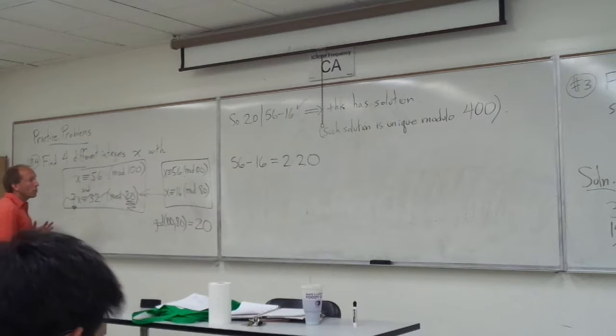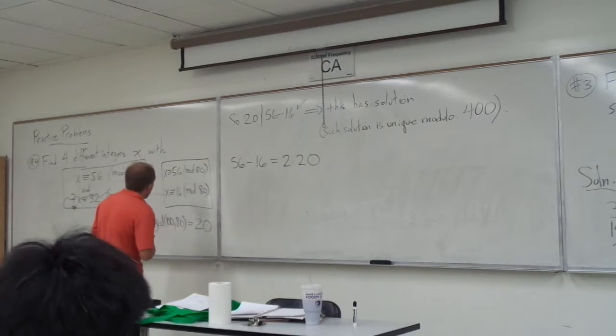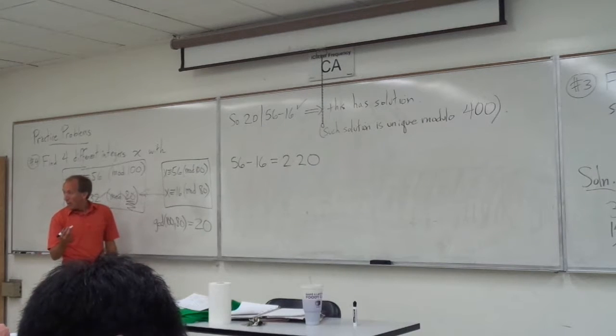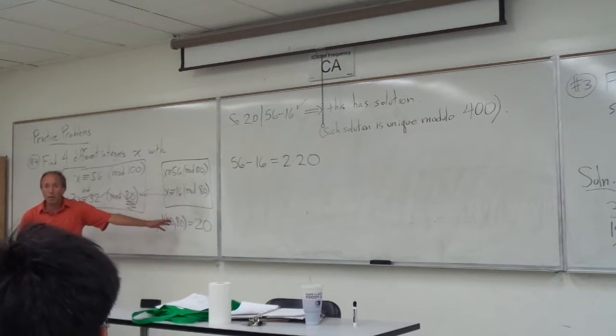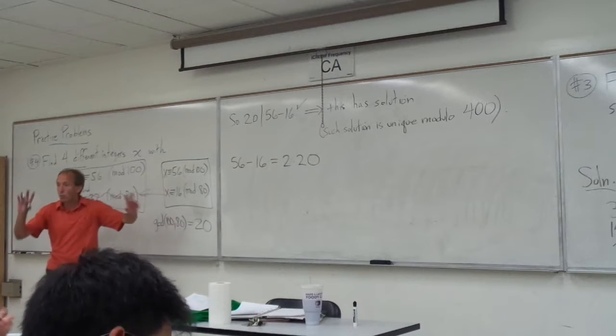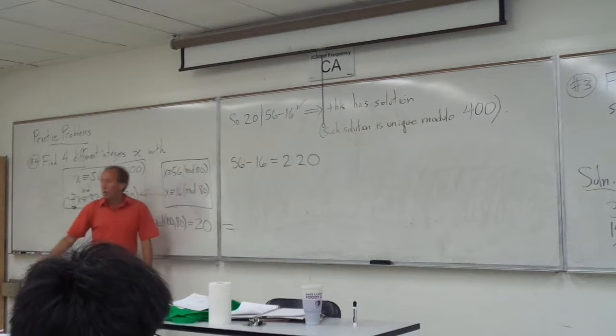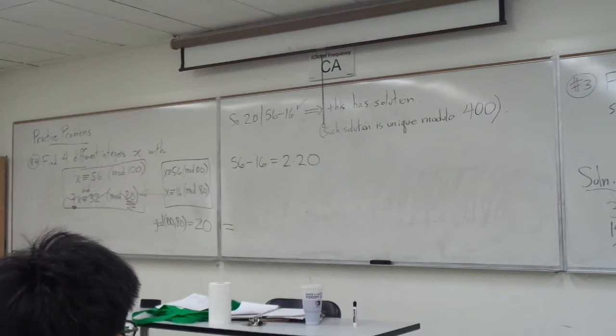All right, and then the 20, of course we also know that 20 is expressible as a linear combination of 100 and 80, of those two numbers. And actually it's obvious in this case what it is. I know how to write 20 in terms of 80 and 100. It's simply subtraction.